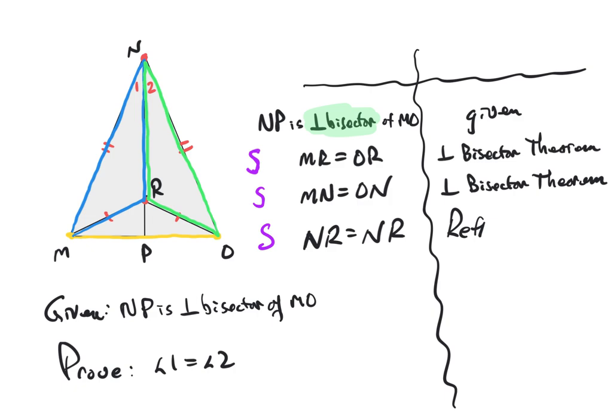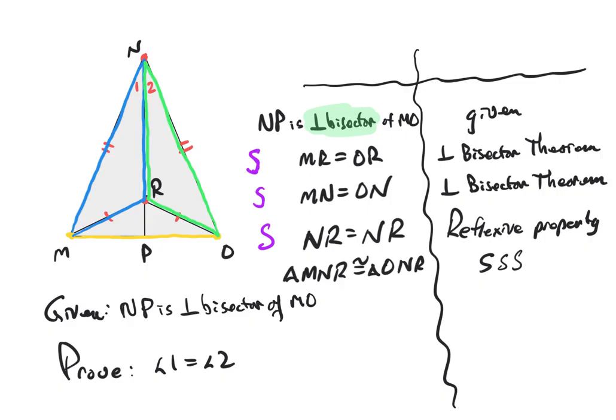And of course, anything is equal to itself using the reflexive property. And that gives us another side. So in the margin, SSS, hey, those two triangles must be congruent. So the blue one, MNR, and the green one, ONR, have to be congruent.